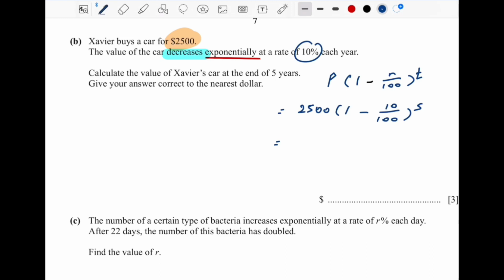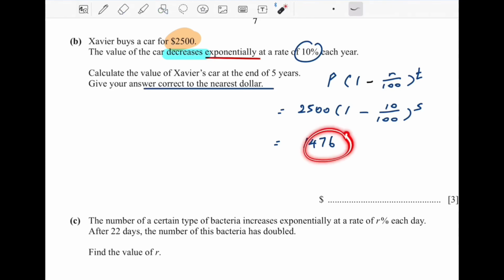What will you get? You should be able to get 1476. Okay, correct to the nearest dollar. Whenever it comes to correct to the nearest dollar, don't give the answer like this straight away. You must show how you correct it. Put one more time, 2500.